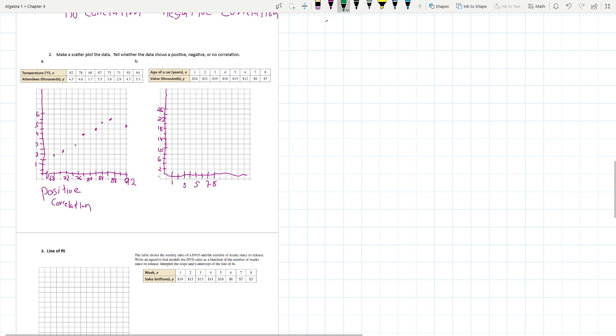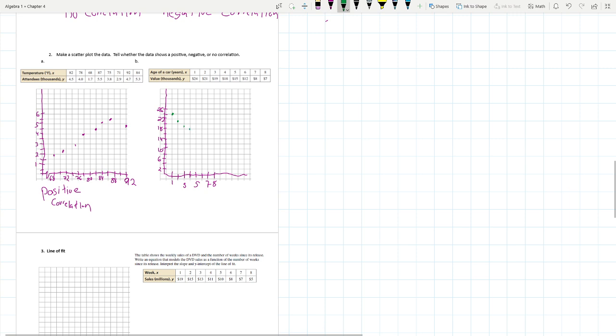All right, I'm going to change color real quick. So 1 is at 24. 2 is at 21. 3 is at 19. 4 is at 18. And right now you're probably going, oh, I see the pattern.